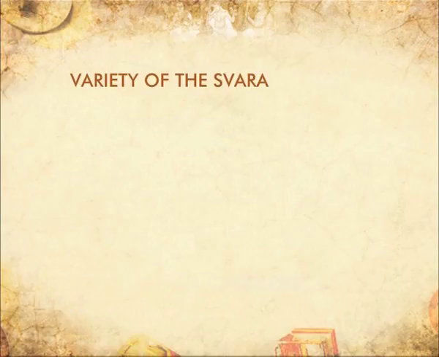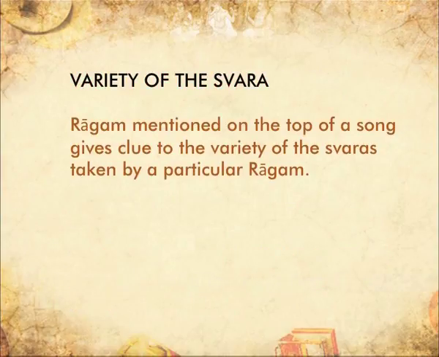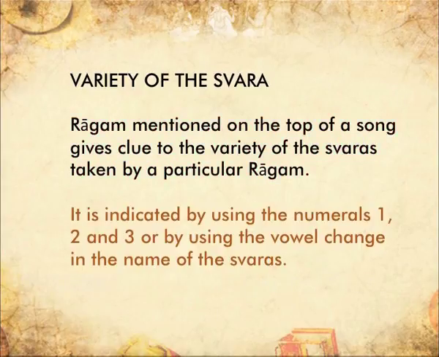Variety of the swara. The name of the ragam mentioned on the top of a song gives a clue to the variety of the swaras taken by a particular ragam. But they may be indicated by using the numerals 1, 2, and 3, or by using the vowel change in the name.